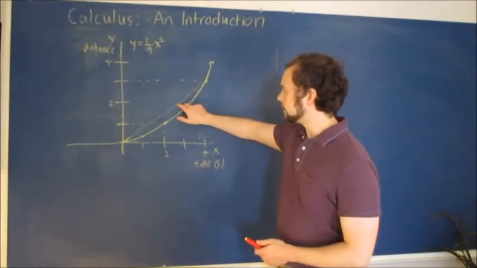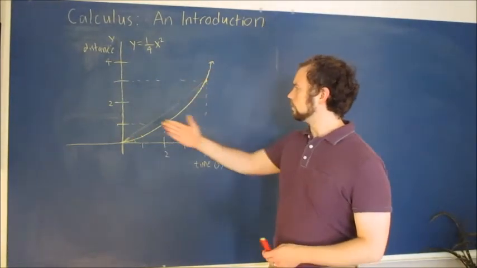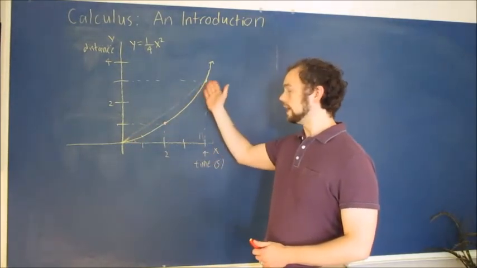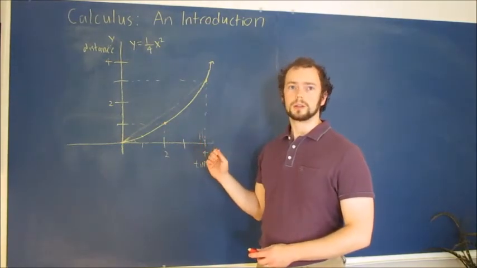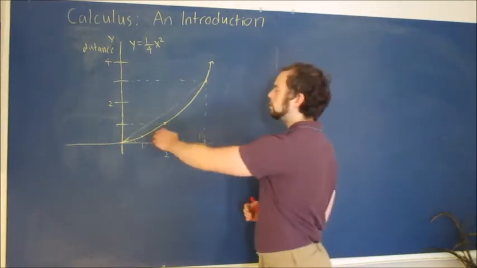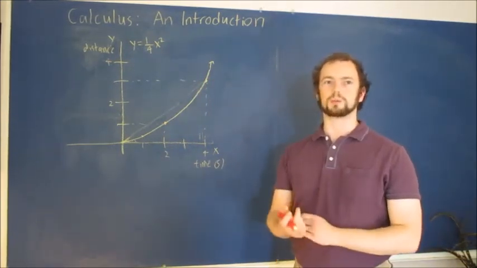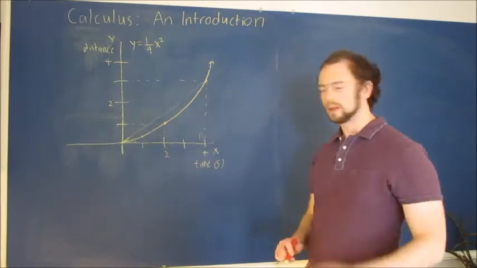A better way to think about it is to say, well, the rate of change is itself constantly changing, right? The slope of this graph is different at every single point. It is constantly getting, in this case, steeper, right?